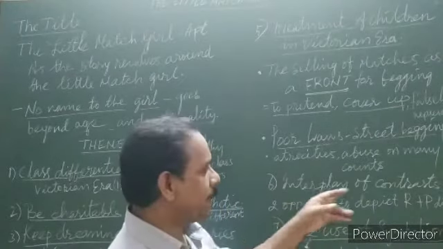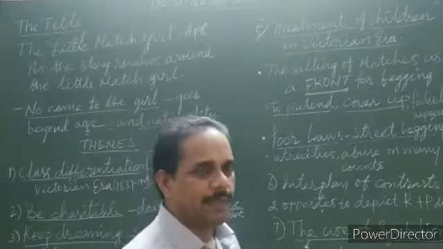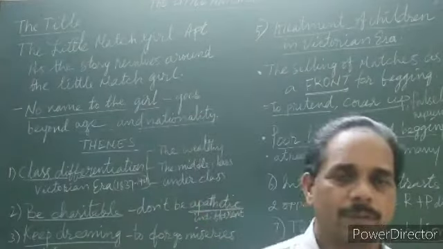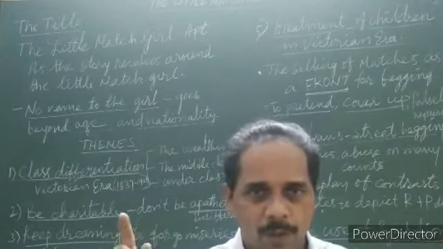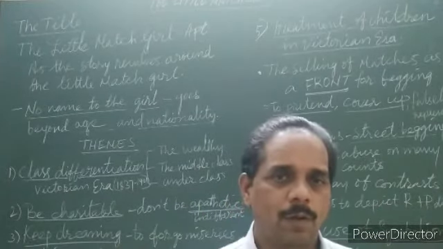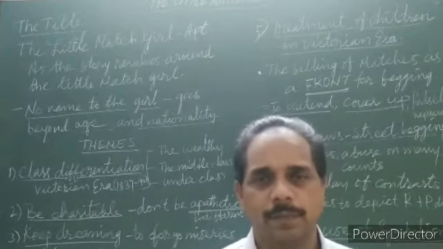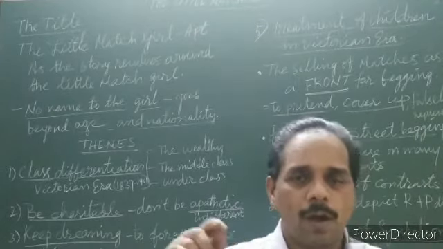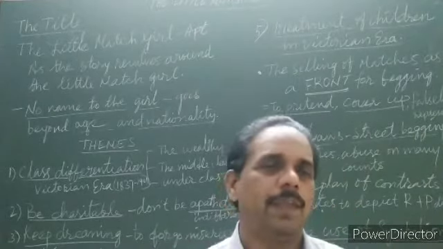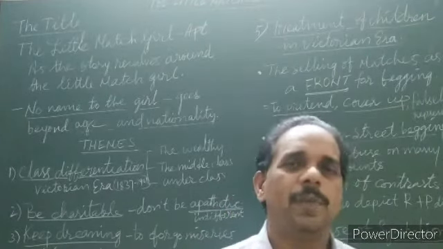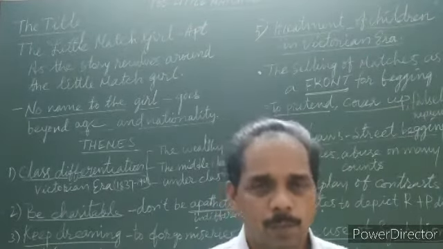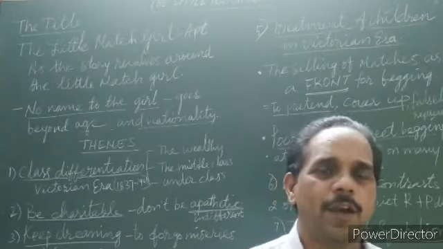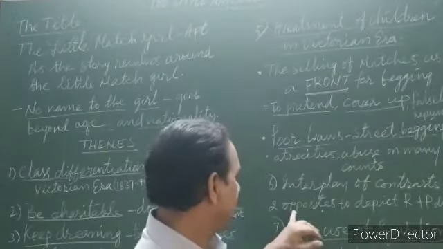Another theme is interplay of contrast. Interplay of contrast. You know what contrast means? Contradicting. Opposite things. So two things opposite in meaning are put together in order to achieve a purpose.